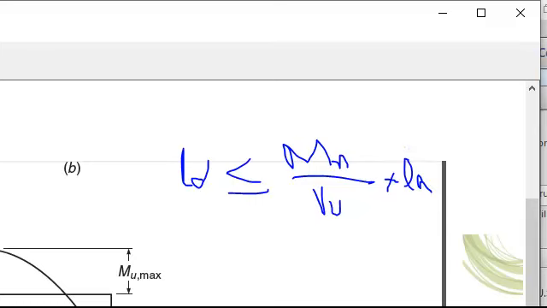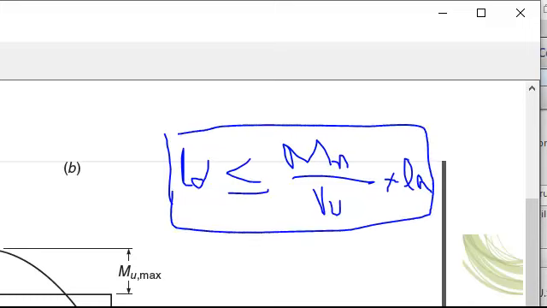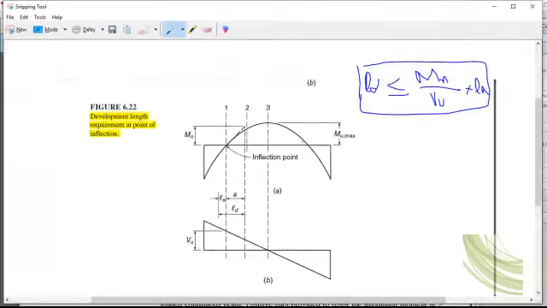This may be toward this side in the positive, and it should be remembered that this criteria should be checked for positive moment only. It does not need to be checked in negative moment. Because in the positive region the bending moment curve is convex upward, or you can say concave downward.